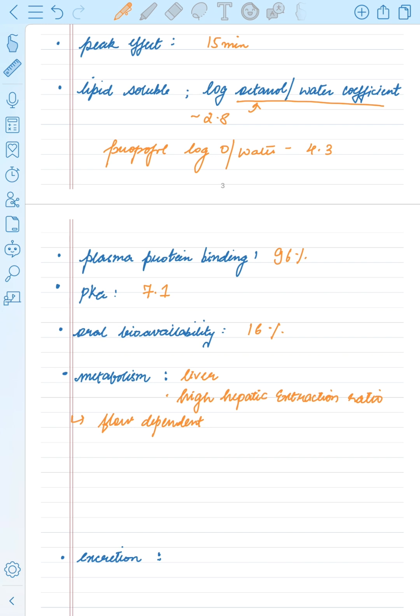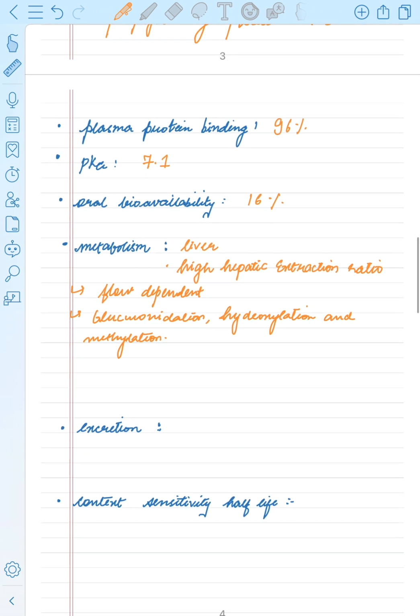The major metabolic pathways are glucuronidation, hydroxylation, and methylation. The metabolites are inactive and are excreted in the urine.